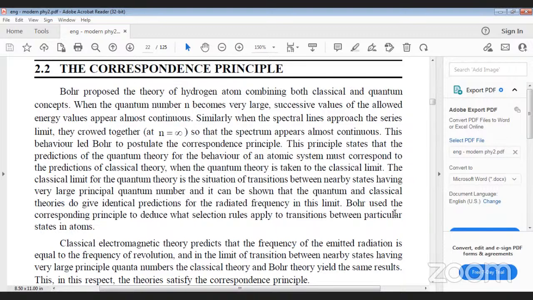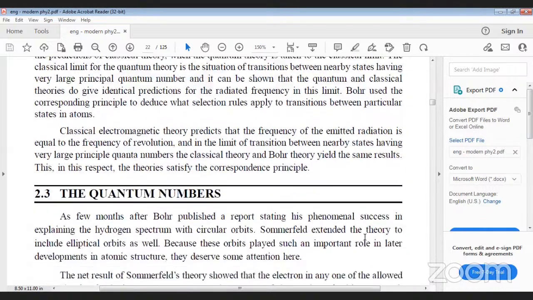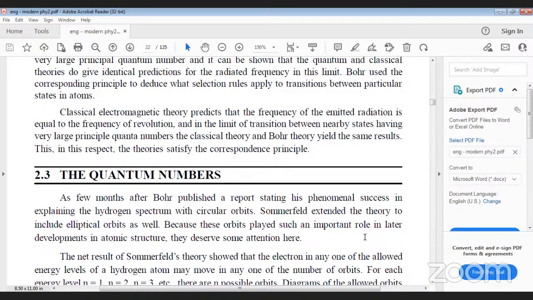Bohr used this principle to deduce the selection rules for transitions between particular states in the atom, that is, from which level to which level the electron jumps.